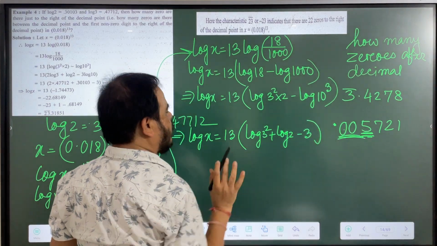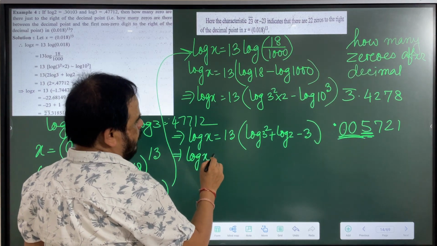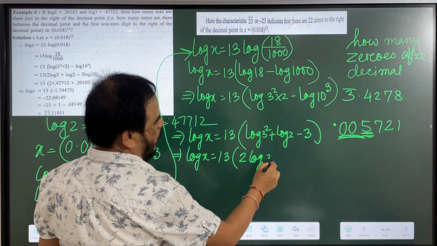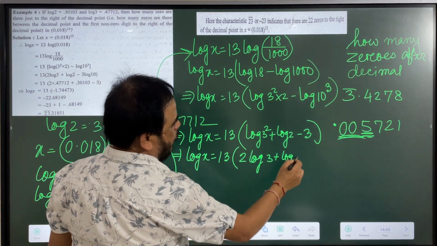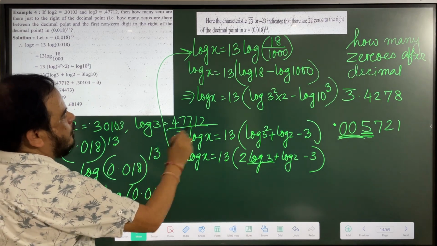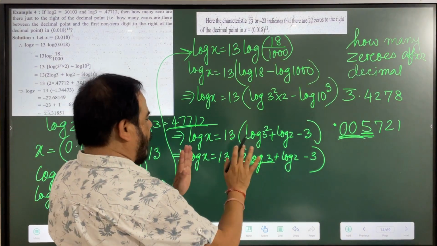Log 10 is 1, so only 3 is enough. So log x is equal to 13 times 2 log 3 plus log 2, minus 3. Just the formula. The value of log 3 is given and the value of log 2 is given. We just put the values and do the calculation.